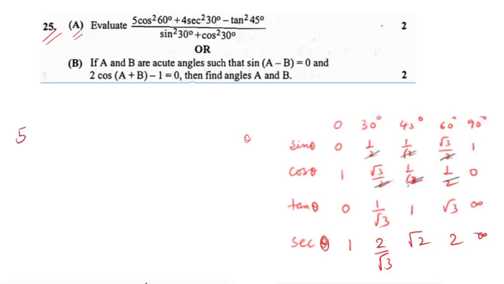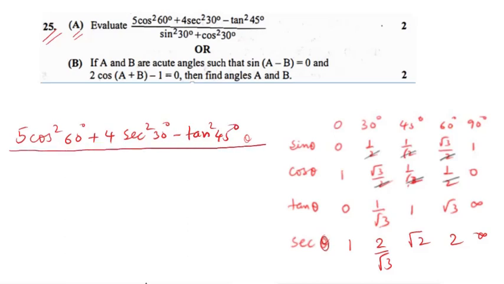So here we have 5 cos square 60 degree plus 4 sec square 30 degree minus tan square 45 degree upon sin square 30 degree plus cos square 30 degree.